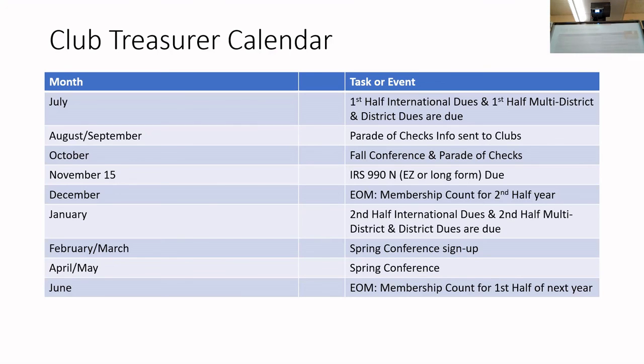Get it done by the 15th of the month so you have some recovery time if you have to make a phone call. And then January, our second half international dues, second half multi-district and district dues are due. In February or March, that's when we have our spring conference sign up. In April or May, we have our spring conference. And then in June again, at the end of the month, membership count for the first half of next year.